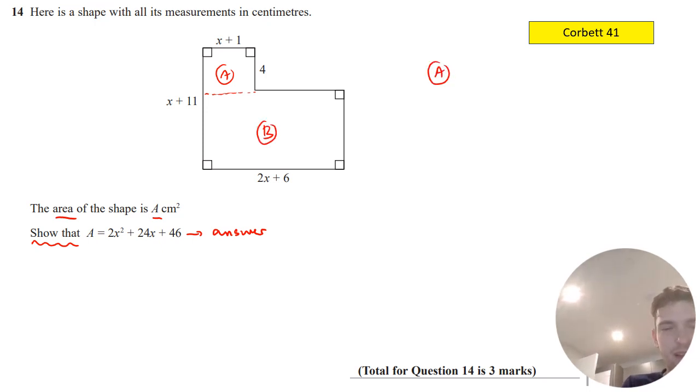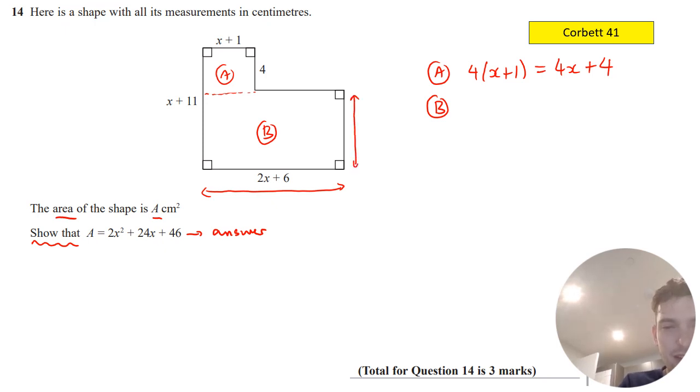So shape A. Well, I've got the base and the height already. So 4 times x plus 1, which is 4x plus 4. What about shape B? I need to be careful here because I've got the length, but I don't have the height. If I use my highlighter here, this is the height that I want, but I've got the height of the whole shape, x plus 11, and the smaller height here of 4.